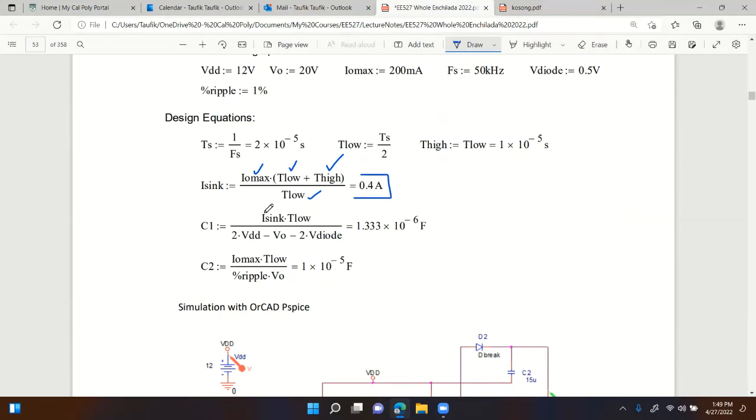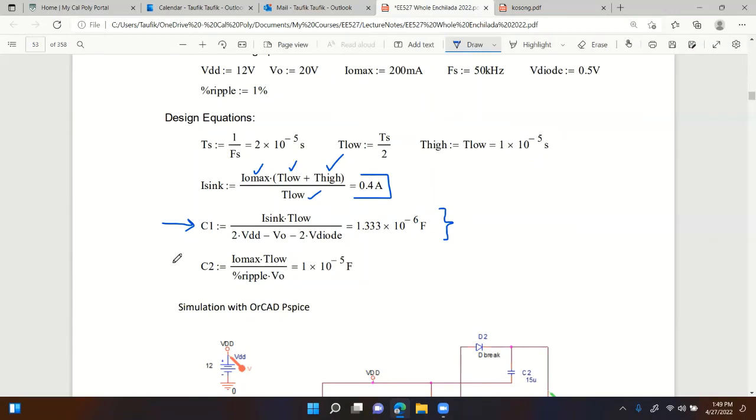And once I get I sink, then I can get C1, which, from one of the equations we derived earlier, is equal to I sink times tau low divided by this whole thing. I get at least 1.33 microfarad. So C1 should be at least 1.33 microfarad. Keep in mind, this is critical capacitance, the minimum value.